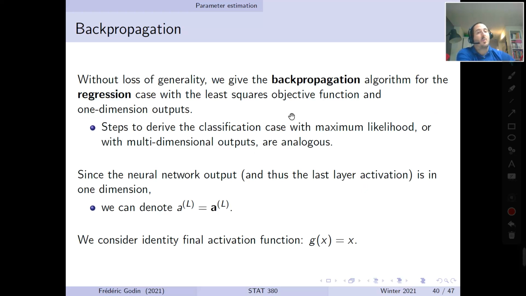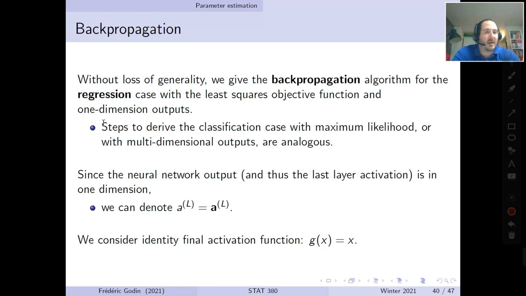Without loss of generality, we're going to provide the backpropagation algorithm for the regression case with the least squares objective function and one-dimensional outputs. This is only to simplify notation, because the case for classification or the case for multivariate outputs uses exactly the same ideas, but it might just make the notation a bit heavier.